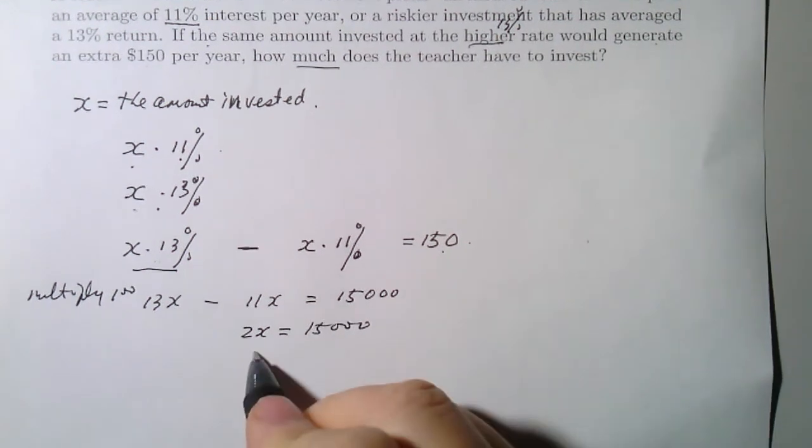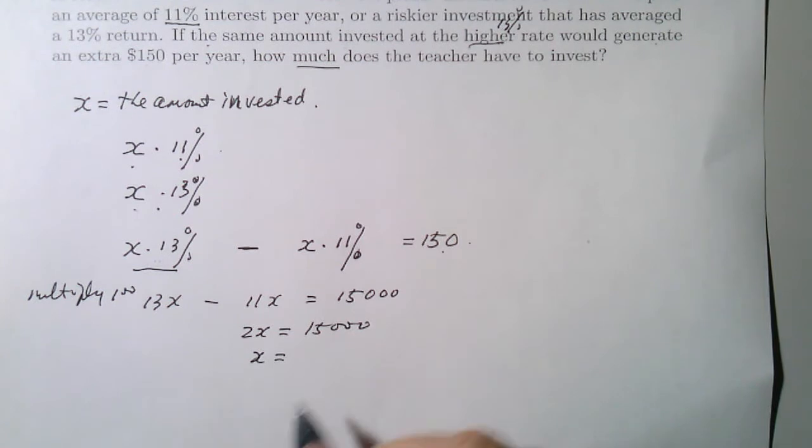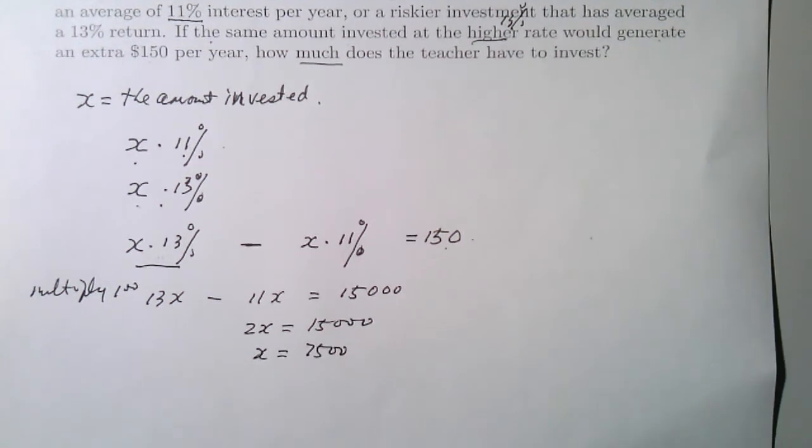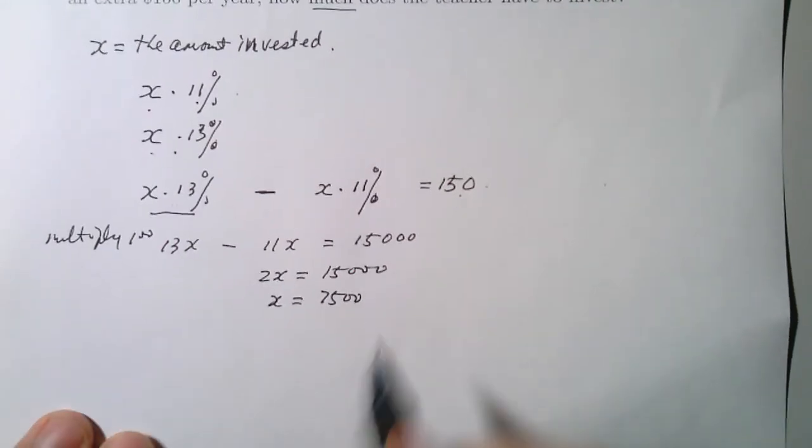Divide both sides by 2, and you get 7,500. Let's check.